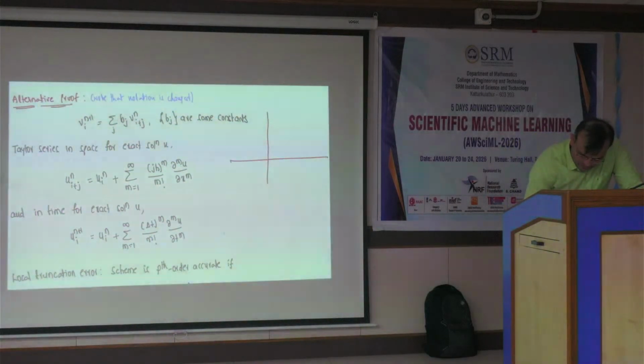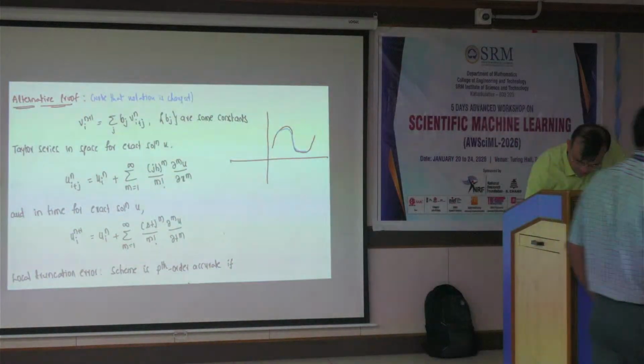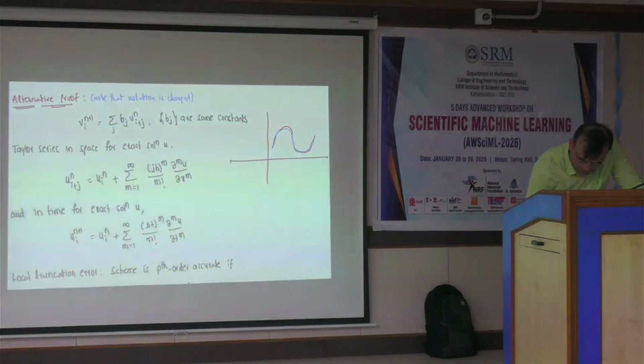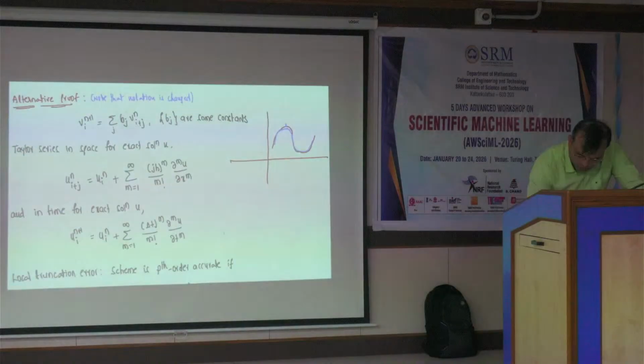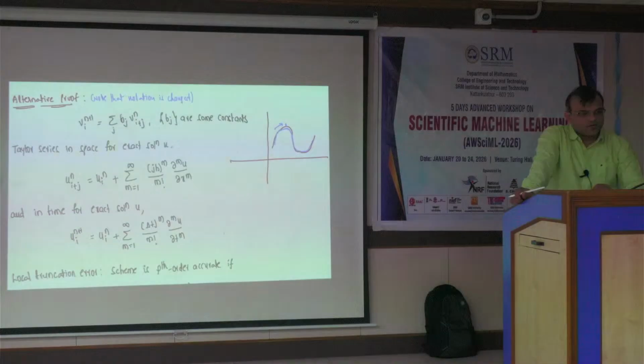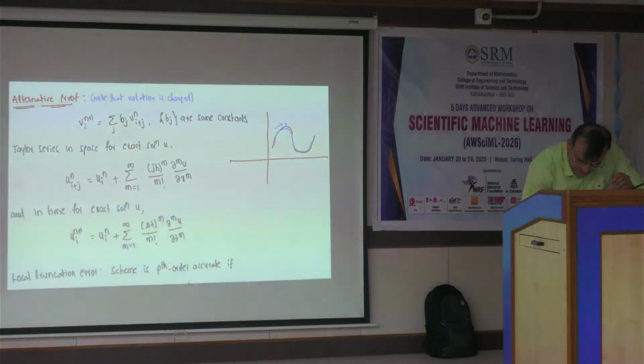For example, if I talk about this random function, at this level, if you implement any kind of numerical scheme at this point, wherever it goes from positive to negative, I can talk about convex to concave, or upward to concave downward. You can see the scheme may not capture these extrema points.